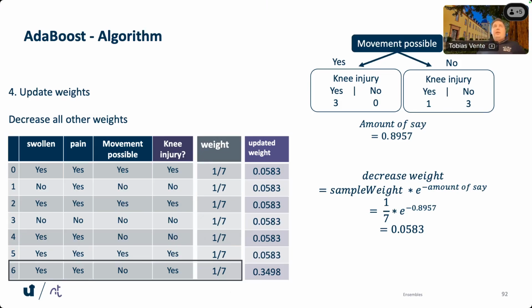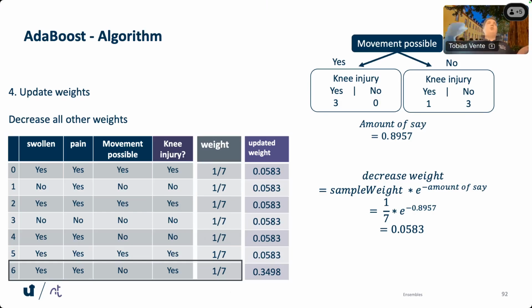Now we built the first stump. We calculated the weight, or the amount of say, for the stump. Yeah, we have all done it. And now we need to decide how this impacts the creation of the next tree in AdaBoost. So it's a sequential method, and the next tree should always focus on the data points that the previous tree misclassified, so that all the data points that were misclassified have a lot higher weight.